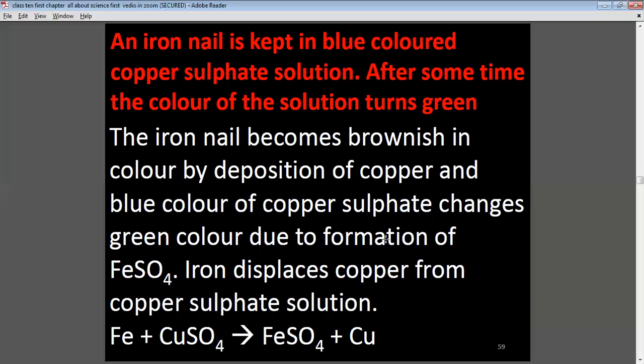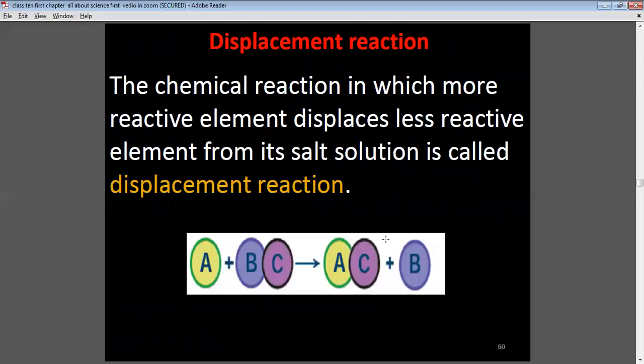Because the iron nails become brownish in color by deposition of copper, and the blue color of copper sulfate changes to green due to the formation of ferrous sulfate. Iron displaces the copper from copper sulfate solution. For its chemical formula, Fe is the iron, CuSO4 is the copper sulfate. These two undergo reaction. There is a formation of FeSO4 plus copper is released.